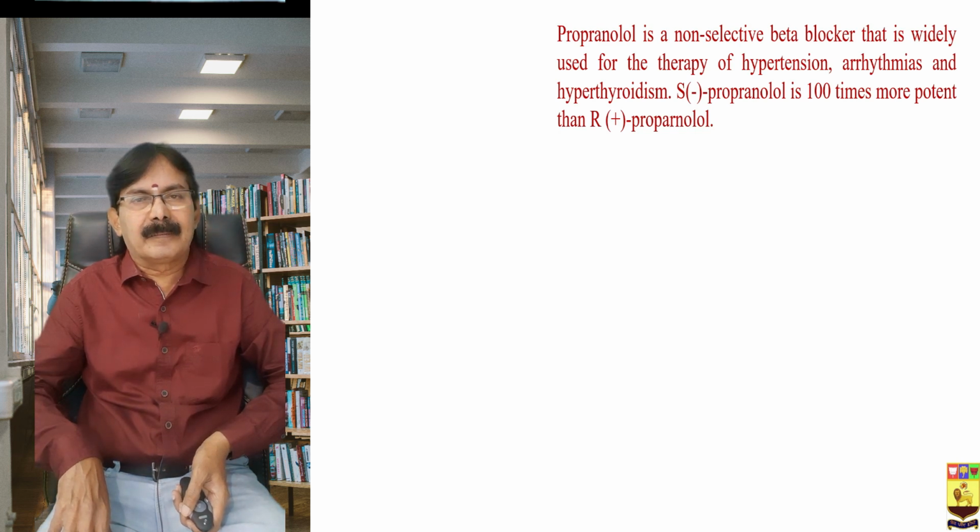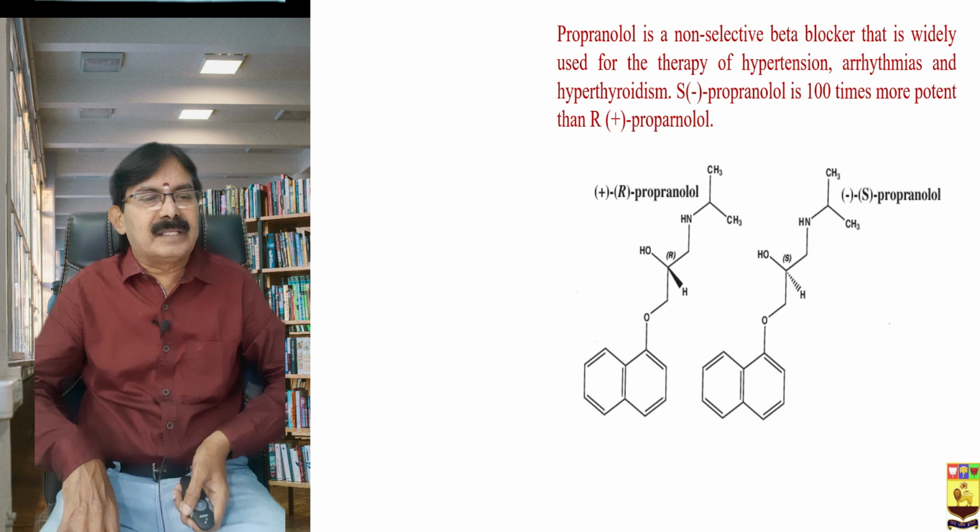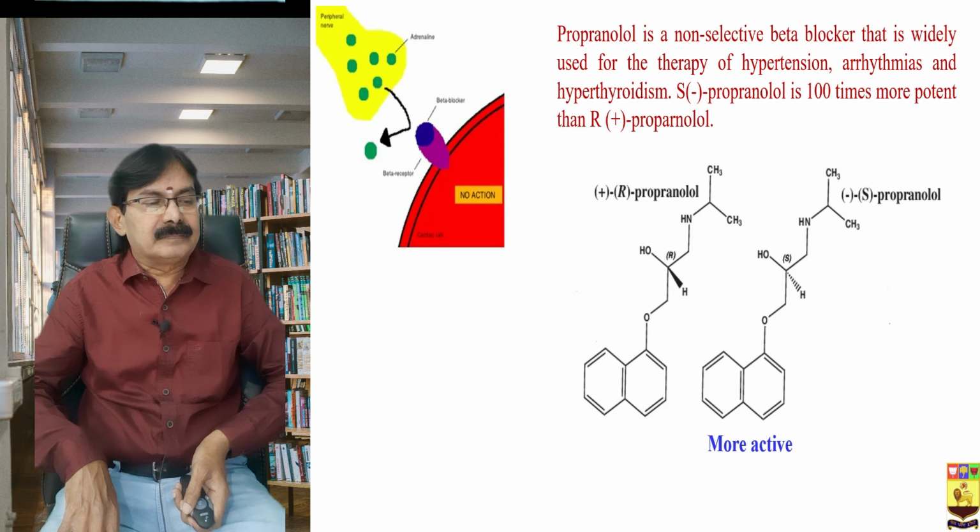Are you following my point? Okay. So, we have the R and the S isomer. This S isomer is more potent than the R isomer. This S isomer is more active than the R isomer.